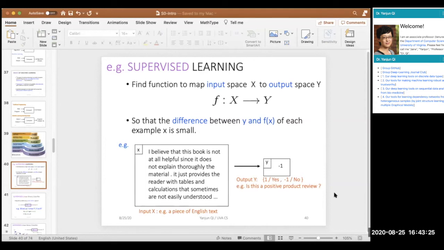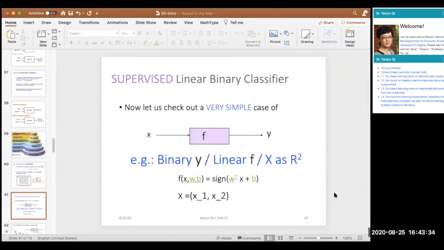So this is an example of X and Y, and also an F function. What should the function look like? In this specific scenario, the output Y space is just binary, yes and no.